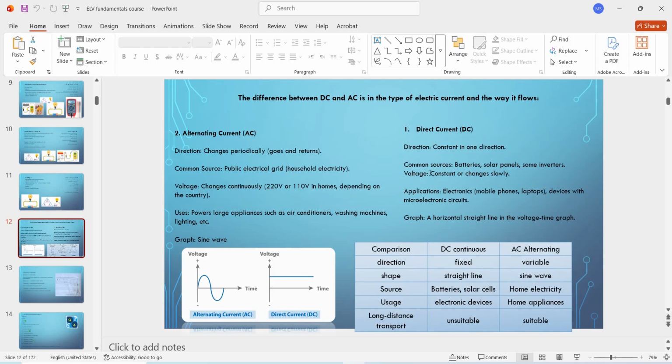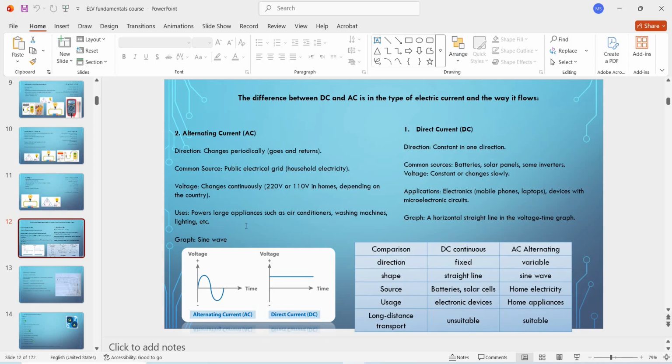But the DC changes slowly. We use the AC in large applications such as air conditioners, washing machines, lighting, and so on. But we use the DC in electronics, like mobile phones, laptops, and devices with microelectronic circuits.